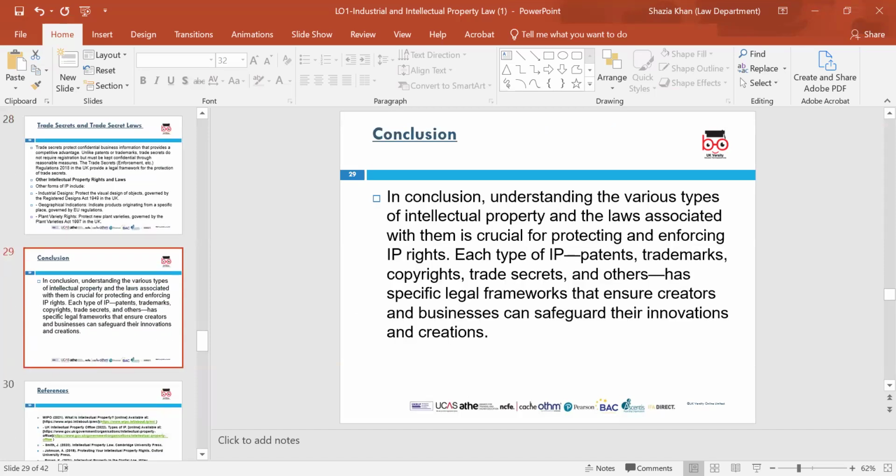In conclusion to the laws around each element of intellectual property, understanding the various types of intellectual property and the laws associated with them is crucial.